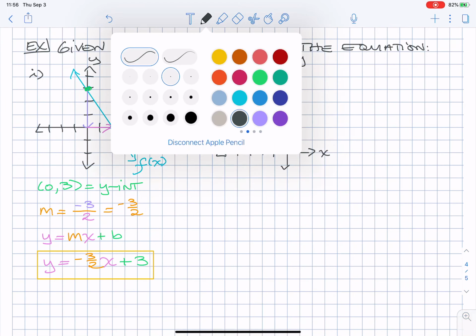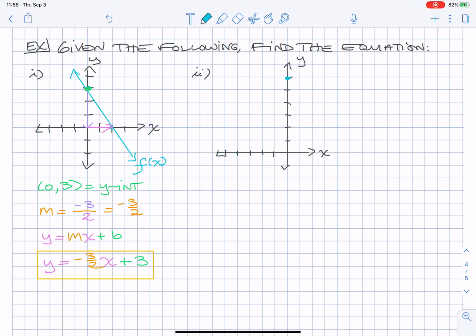So let's say now that my intercepts are 2, 3, 4, something like so. That's a terrible plot.